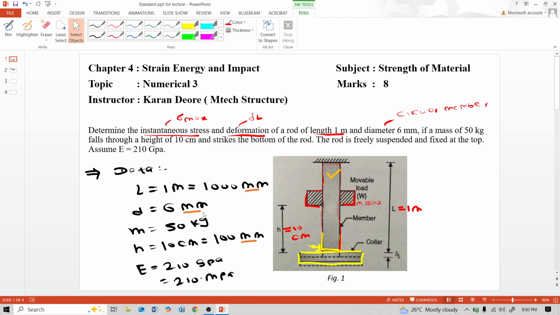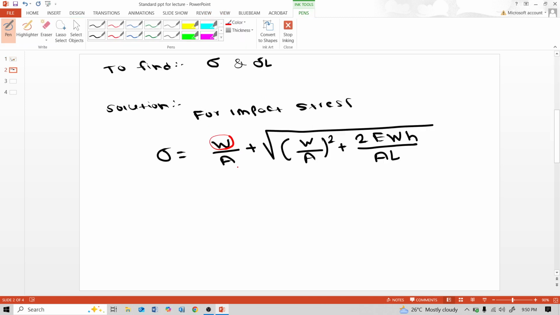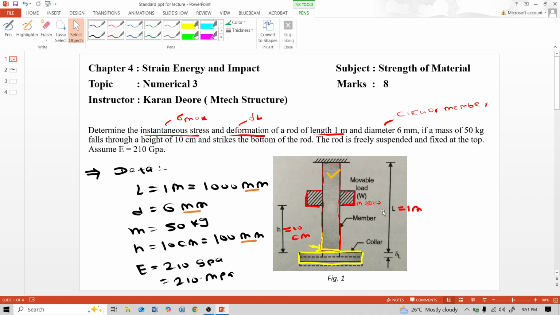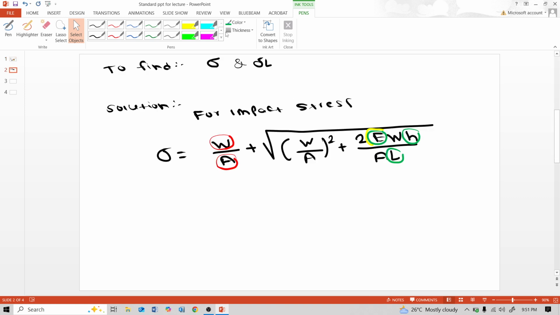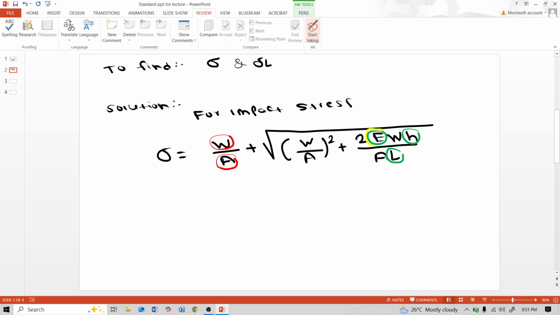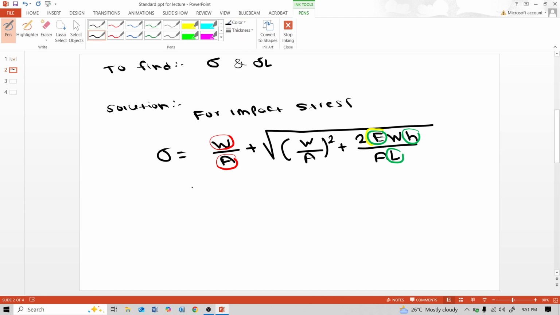Area also they don't give us in the numerical, so area also I don't know. And what I know, I circle it in yellow color. This E I know, this H I know, this L also I know. This L is nothing but the length of that member. So this red color data I don't know. So for getting this red color data, W.